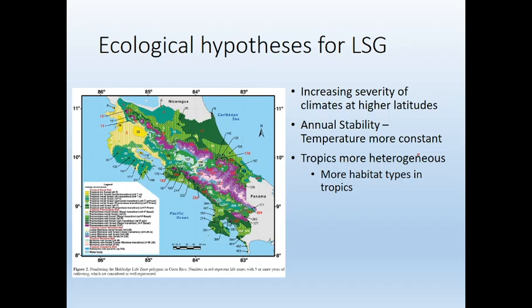It's also more stable at the equator, right? So if you go to the lowlands of Costa Rica, where I've spent a lot of time, it's really low sea level, really close to the ocean. Every day there, it's going to rain in the afternoon and it's 90 degrees all day long.